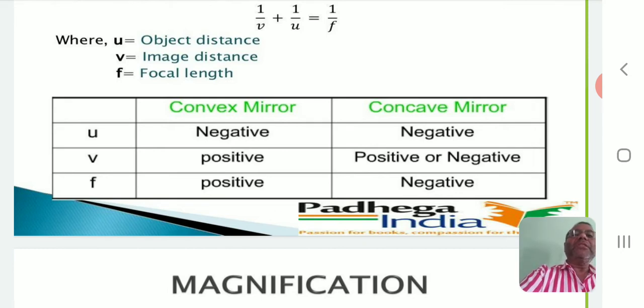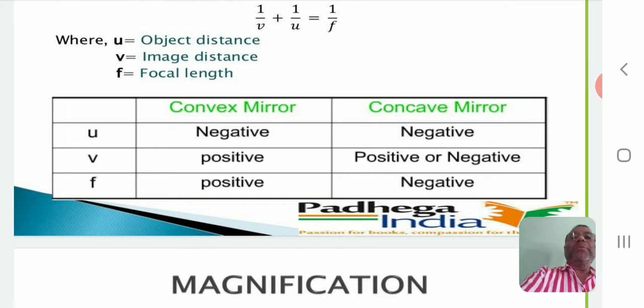Why? Because the object is placed before the mirror, and when we measure the distance of the object from the pole, it will always be negative. It will be considered to the left side, and left side means it is negative.